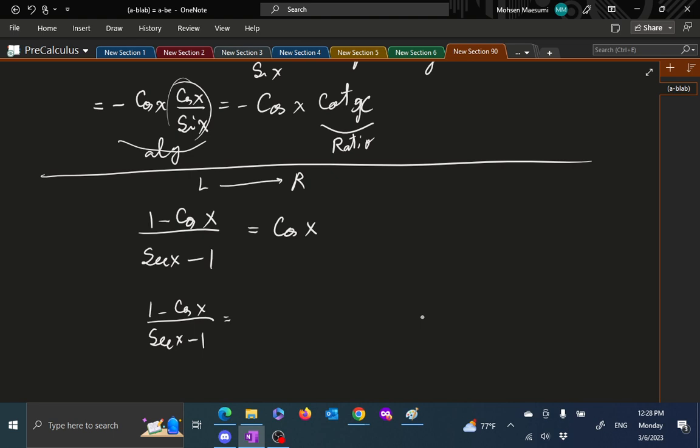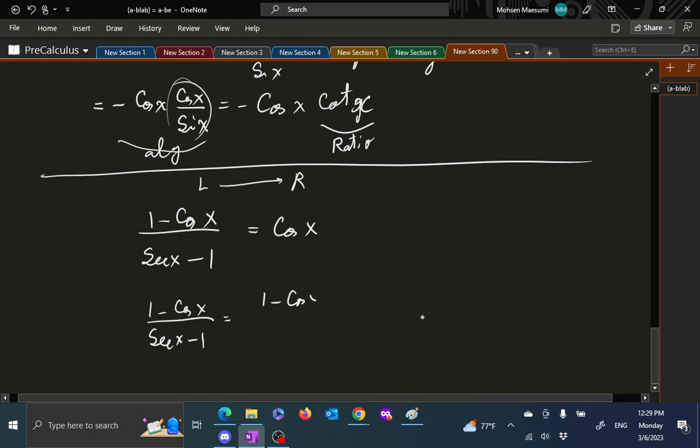The next problem could ask us to go from the right to the left, perhaps a little bit more involved.